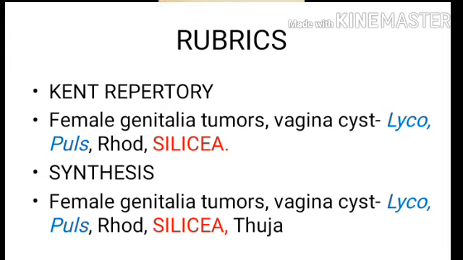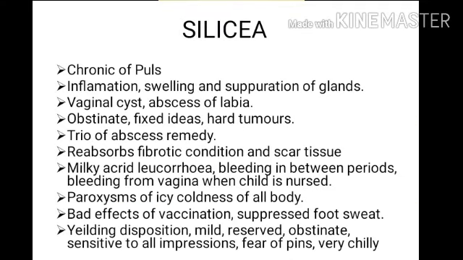So many students asked how we can write the indication of a medicine in a particular condition. Let us see the indication of Silicea in Bartholin cyst. How can we write it?